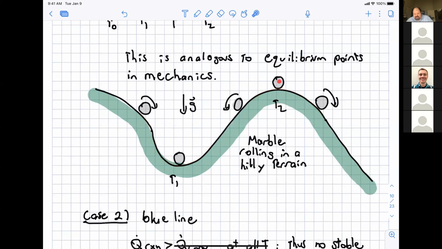In theory you could have the marble sitting on top perfectly, but it's not likely. Even if a slight breeze were to push it even a tiny bit, it would roll one way or the other. So that's how those points work.